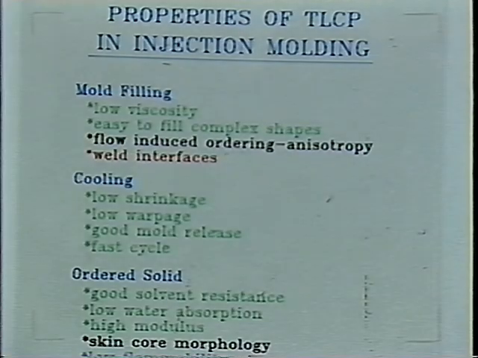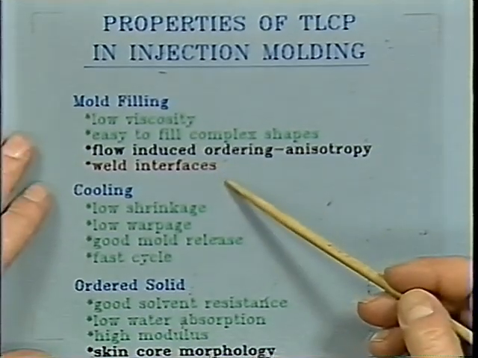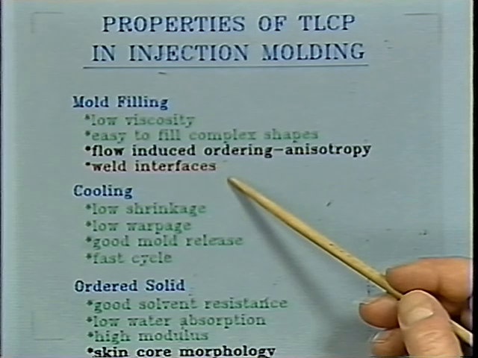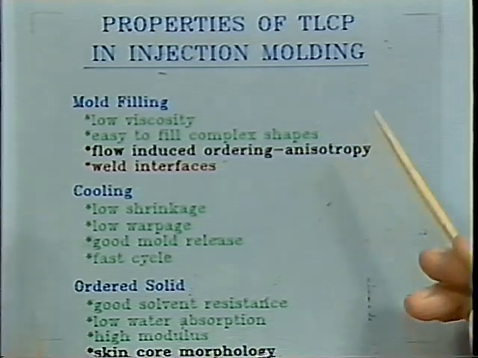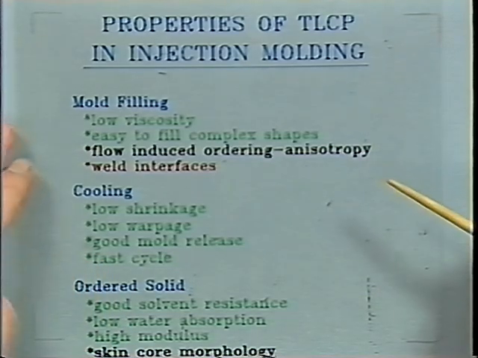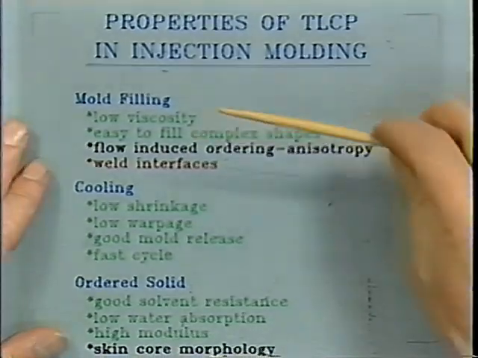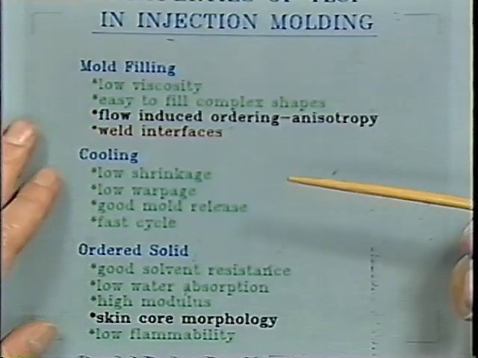And the strength in this range is very, very low. The biggest problem in this application is really the occurrence of those weld interfaces. You want to control where they are by designing your mold so that you might place them somewhere where they are not probed by any mechanical stress. So mold filling is okay because of its low viscosity.